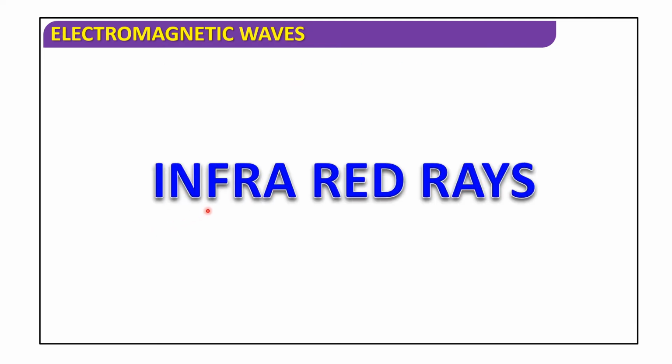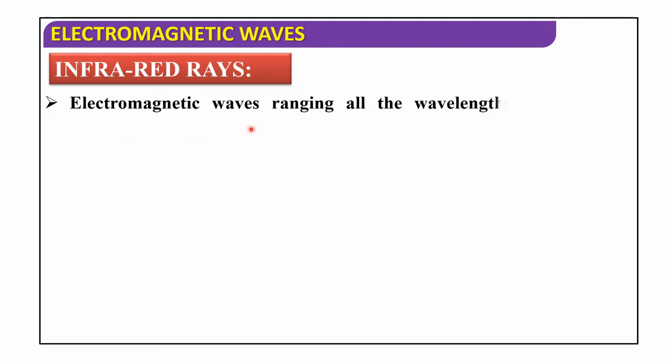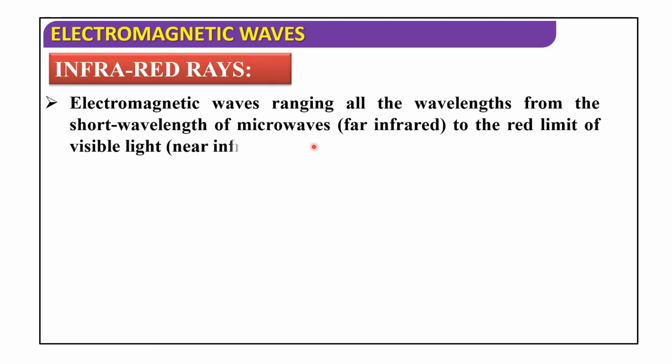Next, now discuss infrared rays. What are infrared rays? Electromagnetic waves ranging over all the wavelengths from the short wavelength of microwaves to the red limit of visible light are called IR rays. IR is nothing but infrared rays.